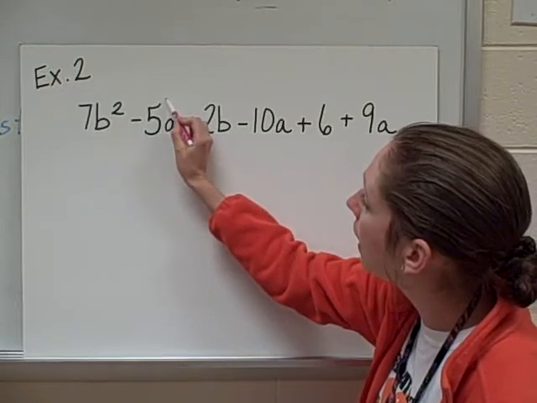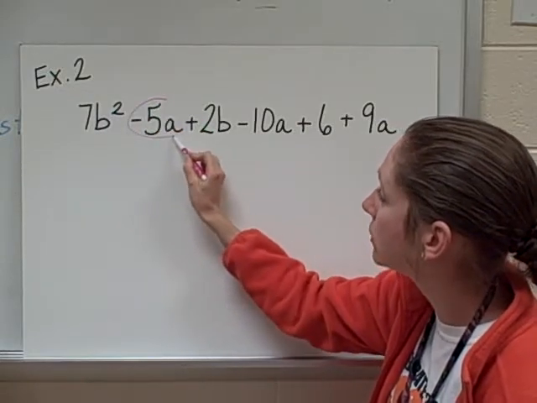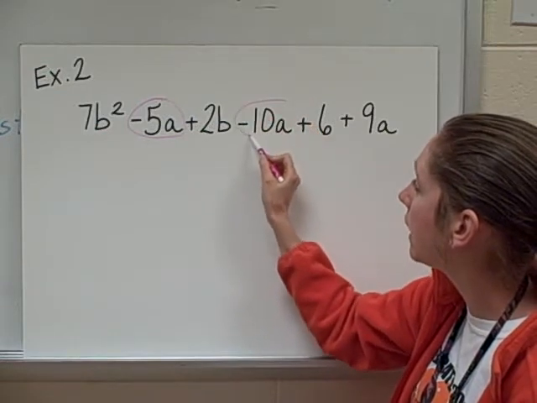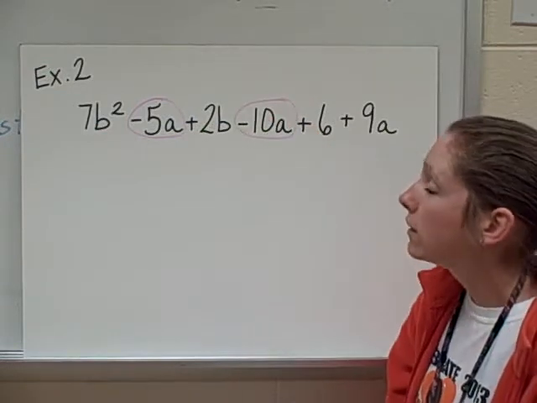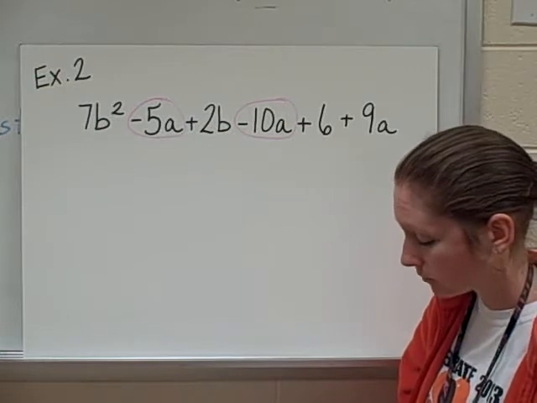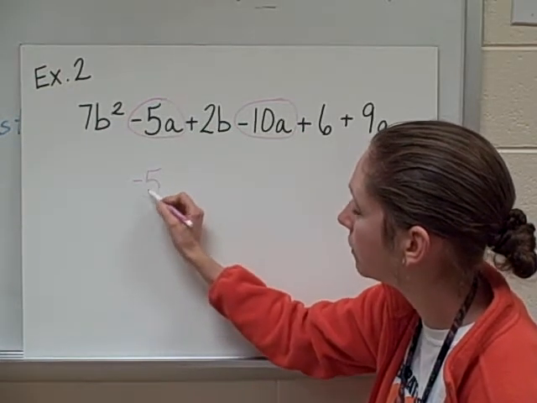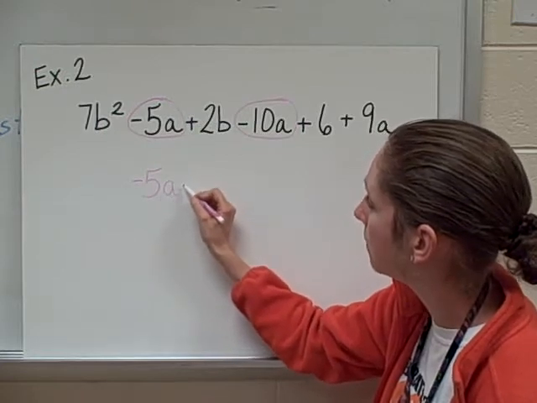So I see that I have a negative or a minus 5a. I also have a negative or a minus 10a. Okay, those two things can combine. Okay, so I'm going to go ahead and write those and list them together so I remember to combine them.